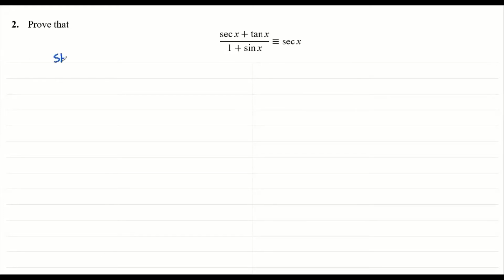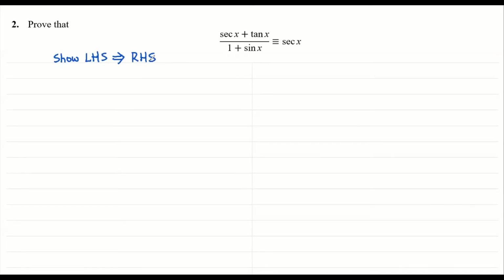We're going to show that the left hand side naturally implies the right hand side. So at no stage in this proof will you be writing both sides of the identity. That's not how it works. You show that the left hand side is in fact the same as the right hand side through a series of steps. So I'll just write it out again.